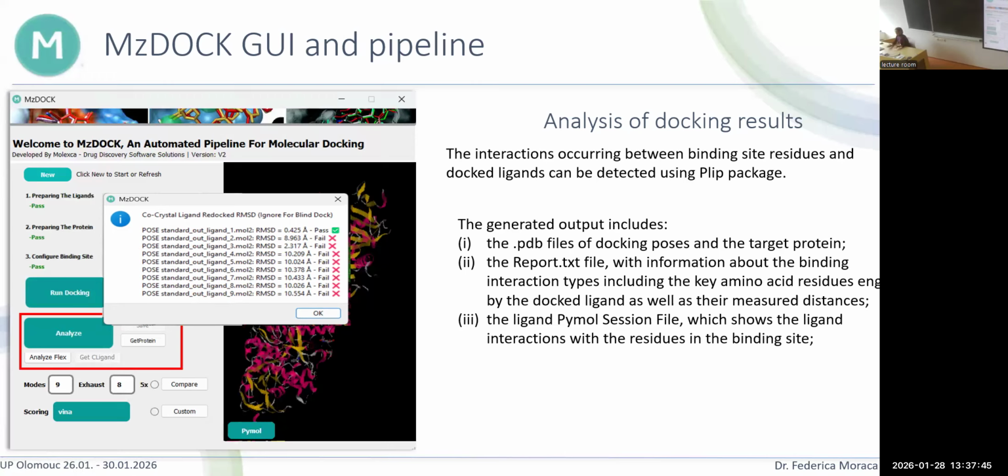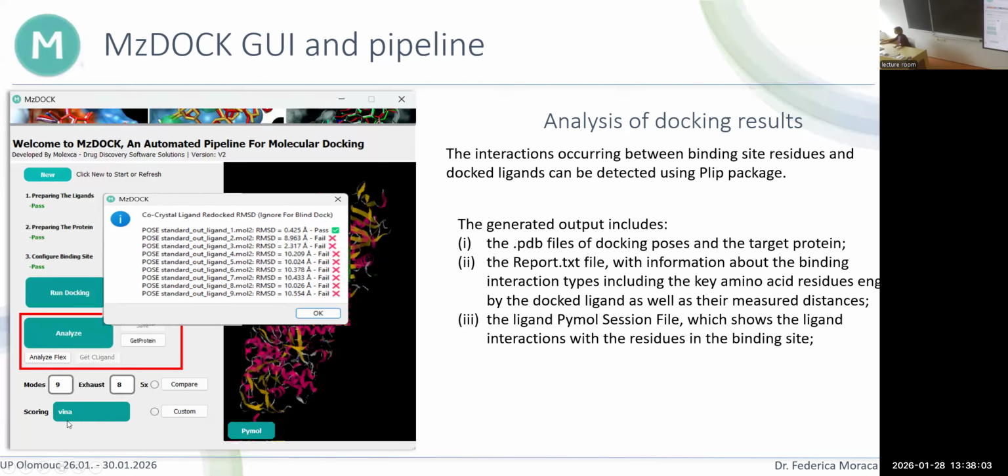So basically, it performs the redocking automatically. And the first thing that we see is the results of the redocking. In our case, we will have the donepezil as co-crystallized ligand.